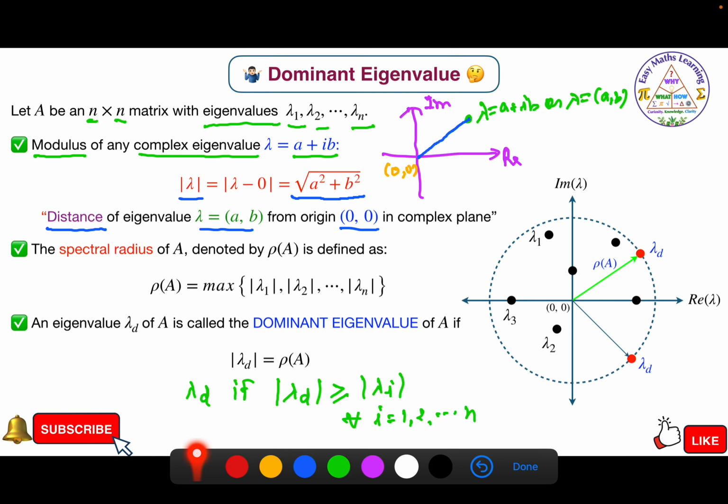Now we check which eigenvalue is the farthest from the origin. So you can see here lambda d, and you can see here this is also one eigenvalue which is farthest from origin. So here this one and this one are the dominant eigenvalues, two dominant eigenvalues.